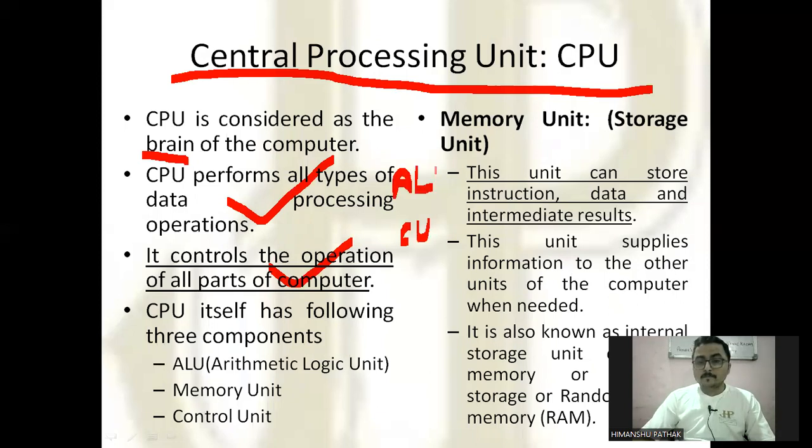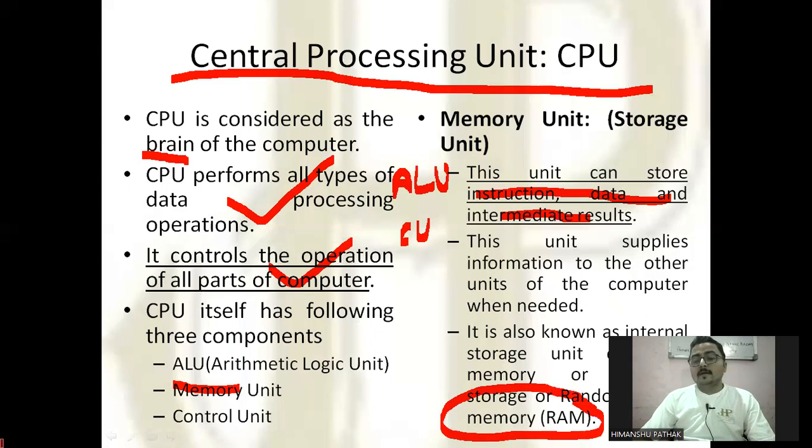Okay? Clear? And then memory unit. Memory means the area where we can store our data, instruction, or intermediate results. And basically, it is formally known as random access memory.